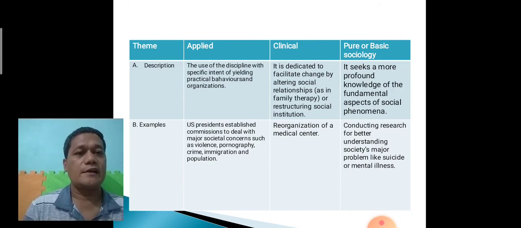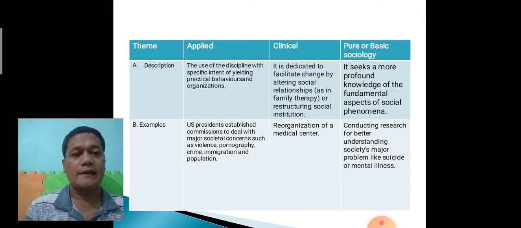So, it is dedicated to facilitate change by altering social relationship as in family therapy and restructuring social institution. So, halos similar sila. Ang basic lang ay dito daw sa clinical, mas nagkaroon ng development.